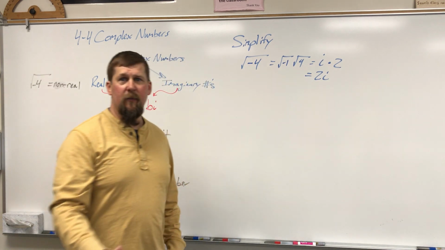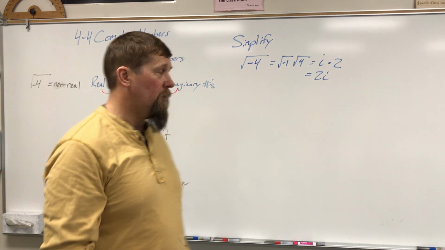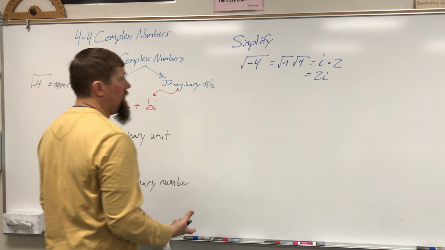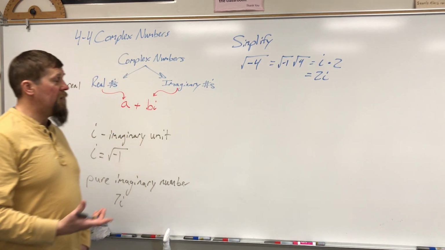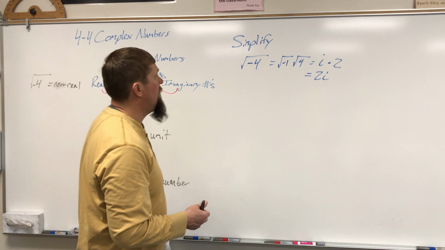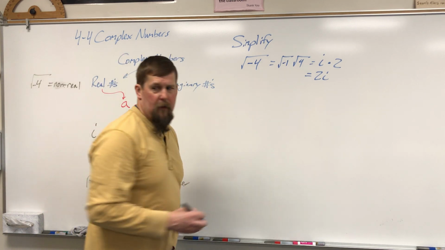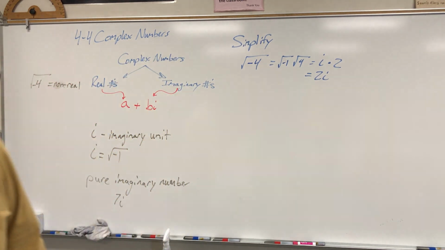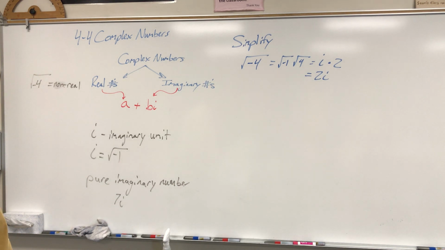We always put the i in the back, just like we would with a variable. It's not a variable, it stands for the square root of -1, but we write it this way, 2i instead. Okay?